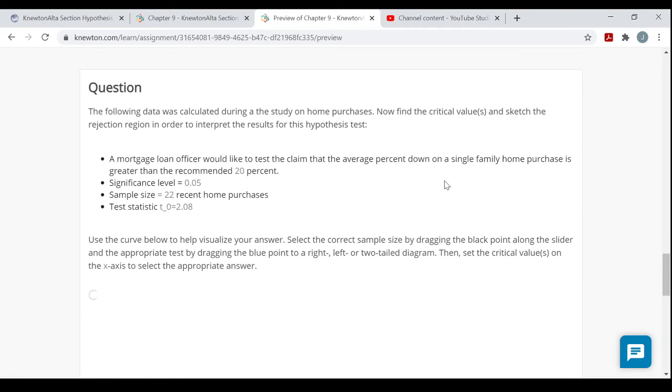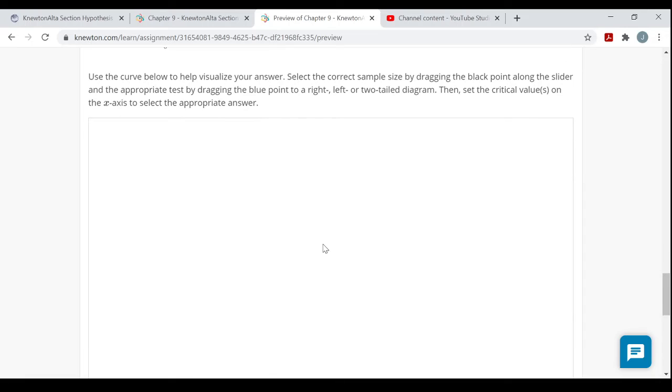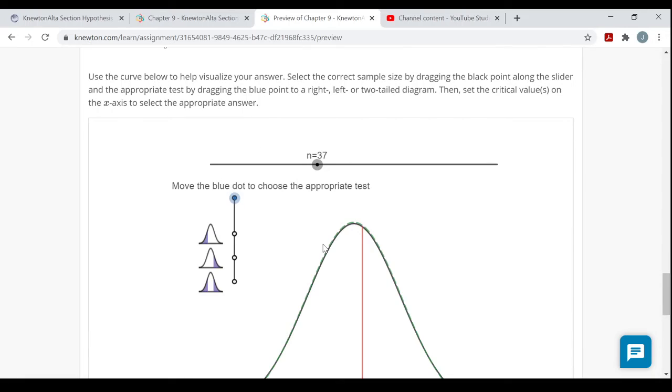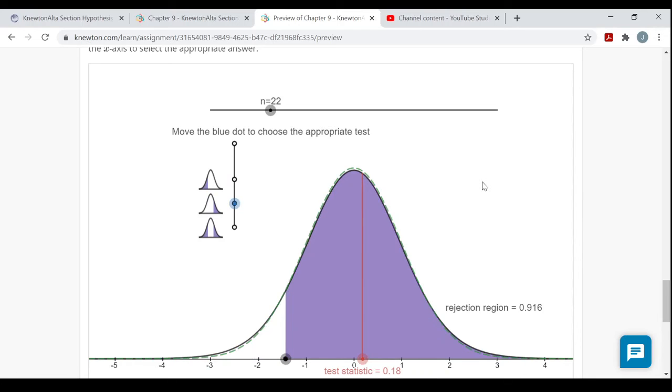Right. So we have the test statistic. Oh, so this is one of those where you have to move some stuff on a graph to set up the rejection region. So remember, all right, so first the sample size is 22, and it took 22 homes. All right, there you go. Remember, this is a right-tailed test, so I'd like my rejection region to be in that right tail, so this guy here.